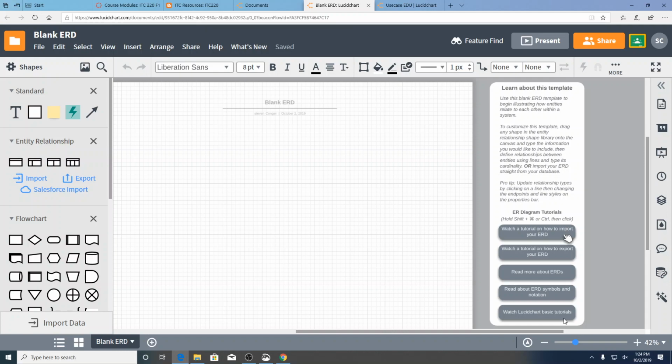And then it's a blank ERD. Blank would work with that one, yeah. Then create the document.